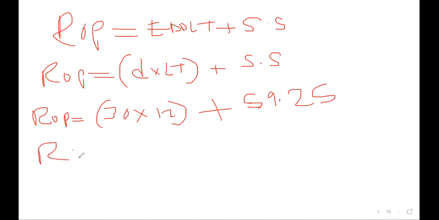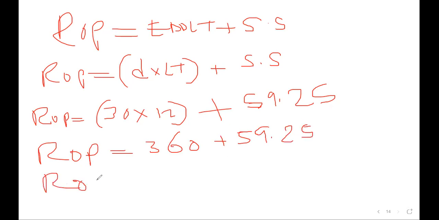So our reorder point is equal to 360 plus 59.25, which is 419.25.